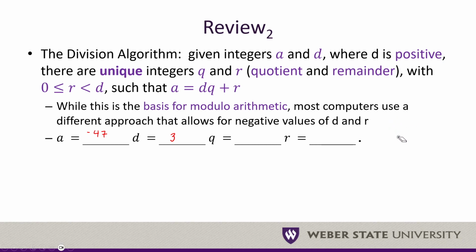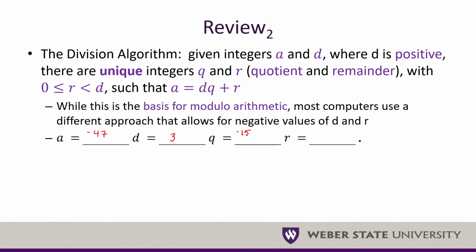In this particular case, 3 times 15 would be 45. 3 times 16 would be 48. And since I have a negative value here, my quotient has to be negative 16. Why does it have to be 16? Why can't I put 15 there? Well, let's try it with negative 15. Negative 15 times 3 is negative 45.